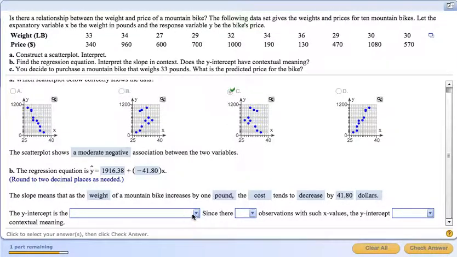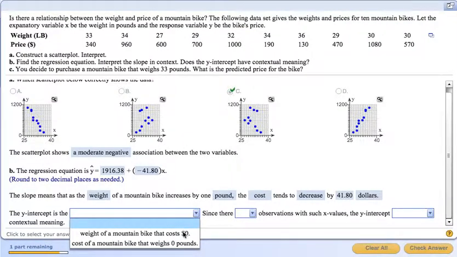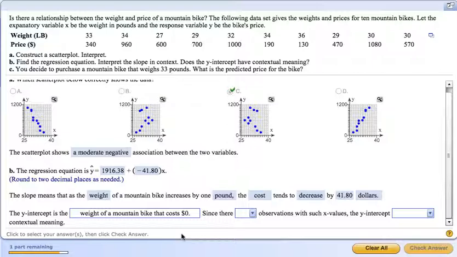It says the y-intercept. Now, thinking about the y-intercept, that would be when weight is 0, what is the price? Well, I don't know about you, but if I'm buying a bike, it's not worth much if it doesn't have any weight at all.